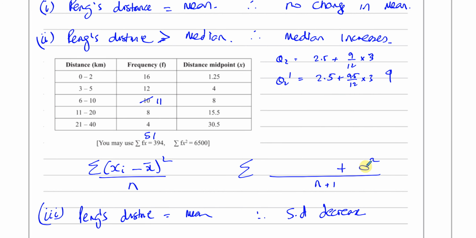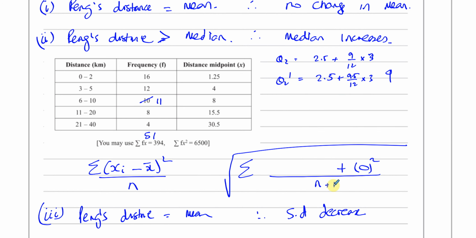The square of the difference between her value and the mean is going to be 0, and you have to add that to the numerator. So you're adding 0 to the original standard deviation numerator, but you're dividing by one more entry. The square root of that is the standard deviation, so the standard deviation is definitely going to decrease, because you're going to have a smaller fraction.